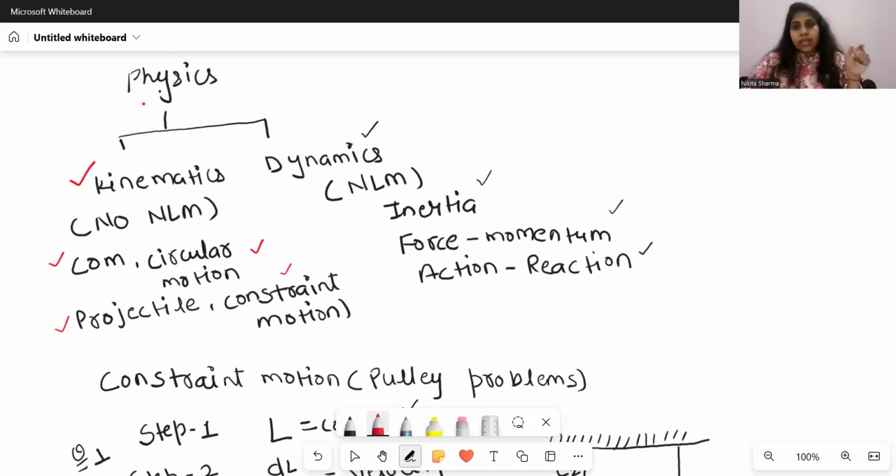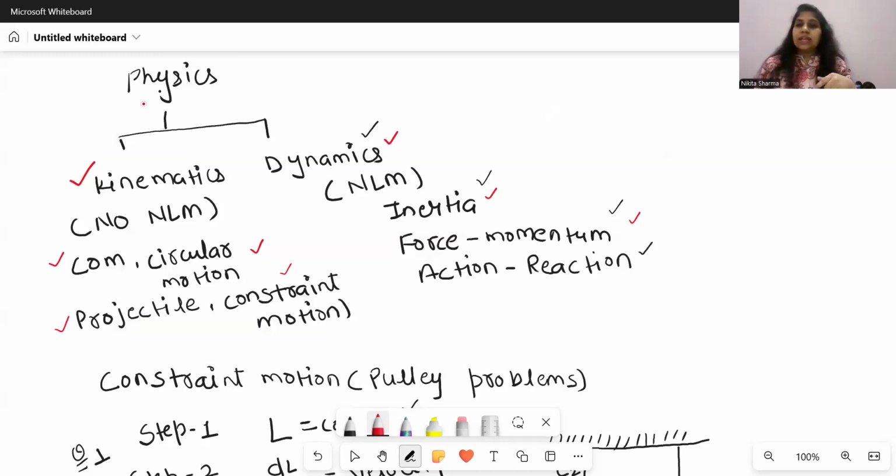The second part of the physics is dynamics. In this dynamics, we are following the Newton's laws of motion. Three laws of motion we already know. There are only three laws of motion. Number one is inertia. Number two is the relation between the force and momentum. What this law says is that force is proportional to rate of change of momentum. The rate of change of momentum is proportional to force.